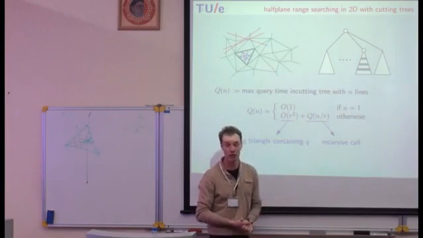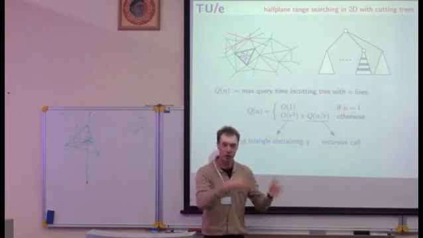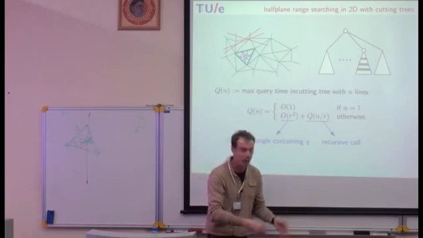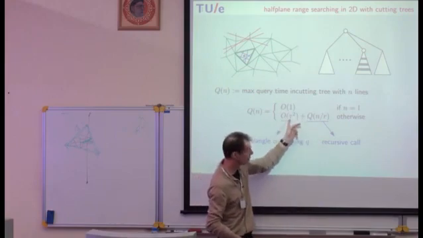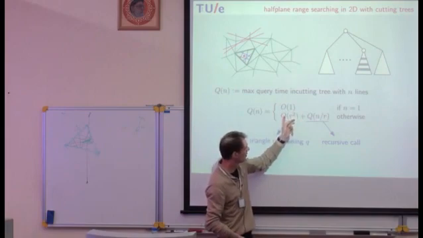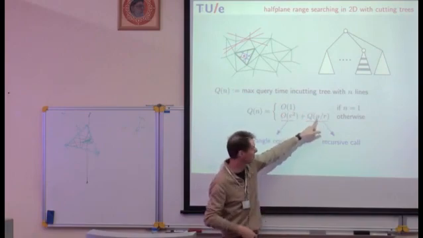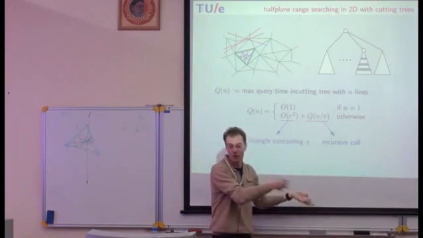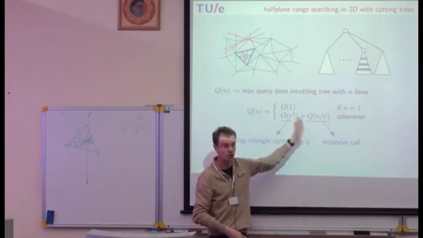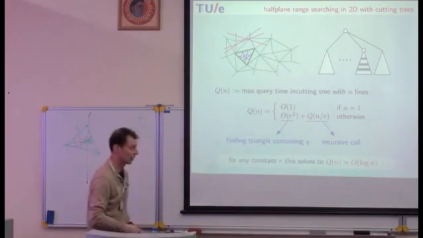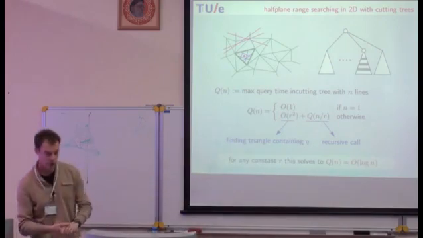Okay, so it's log n. If I take a larger r, that's basically only going to be better because this is going to go up a little bit, but here this is going to go down more rapidly. Instead of n divided by 2, you get n divided by 10. So for any constant r, this is going to be log n. Okay, so that's nice.